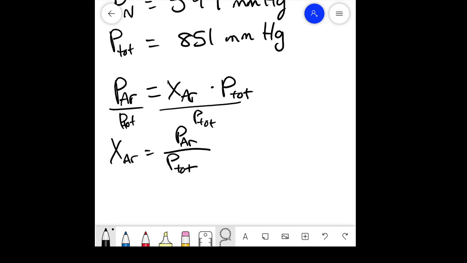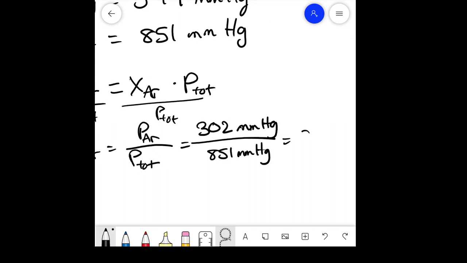And then we can just plug in what they gave us in the problem. And if we plug that in the calculator, we get that the mole fraction of argon is 0.355. So they're asking for the mole ratio. That's what you're going to get. That's probably not what they're going to ask for.